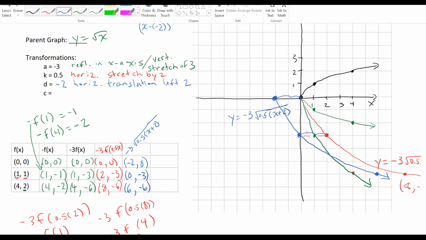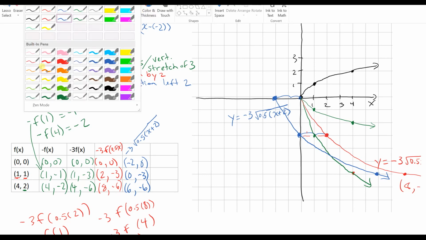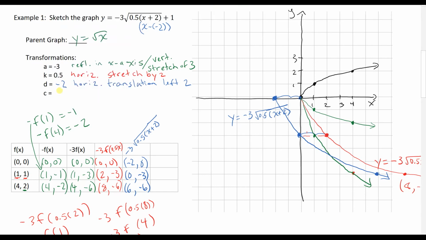What color haven't I used here? So c is equal to 1, and it's a vertical translation up 1. Negative 3, all the stuff we had before. Some people do both of the translations on the same step. That's fine.